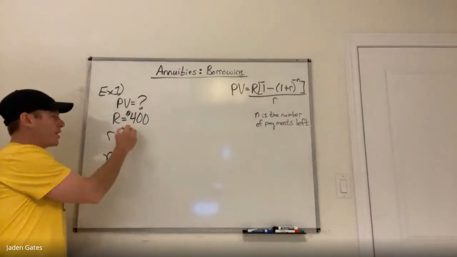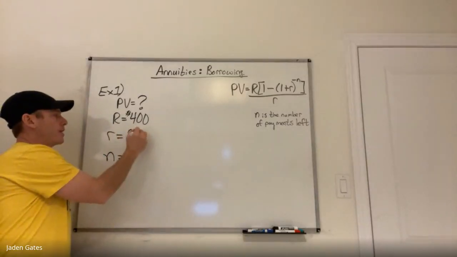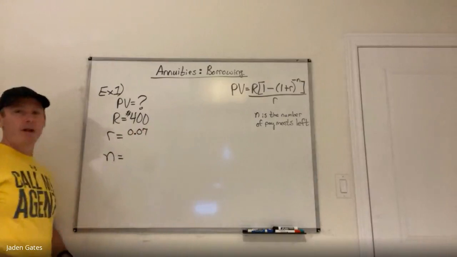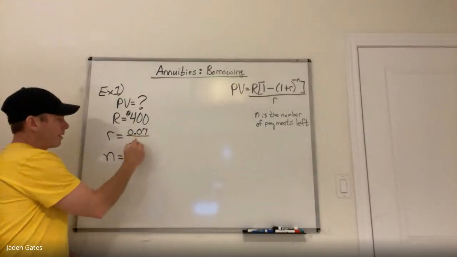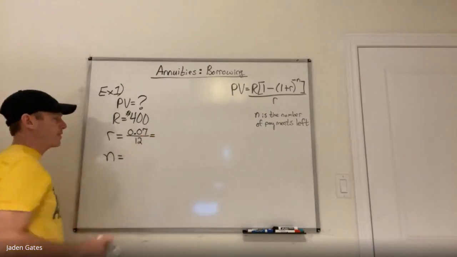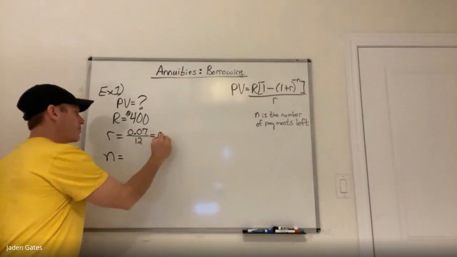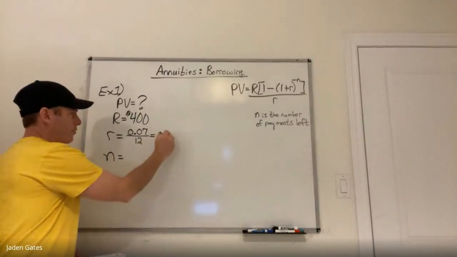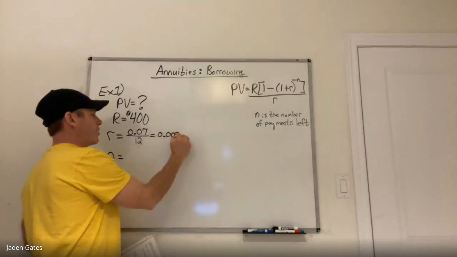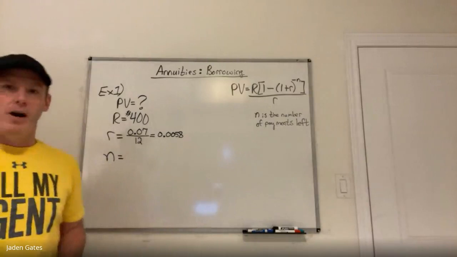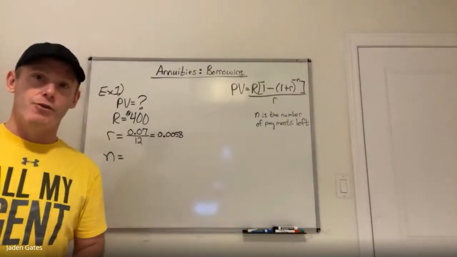So 7% divided by 100% is 0.07. But because we need to convert it to a monthly rate, I have to cut it into 12 pieces. And so I'm going to get another 0 there for sure. And again, the first two non-zero numbers, 0.0058, is our monthly interest rate.